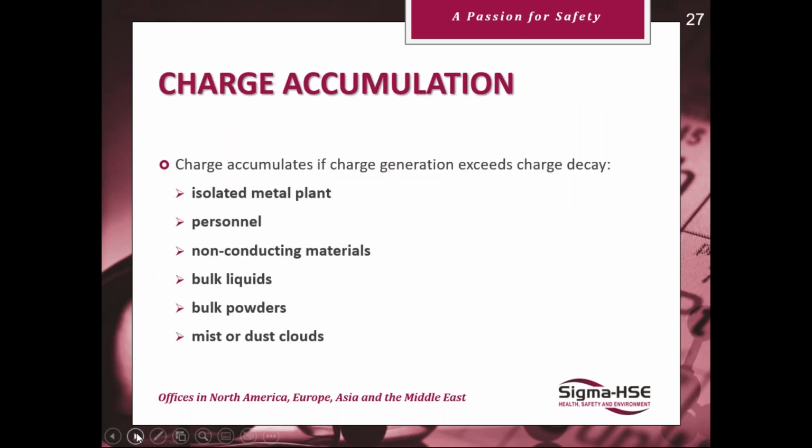So charge accumulation. Charge accumulates if charge generation exceeds charge relaxation or decay.